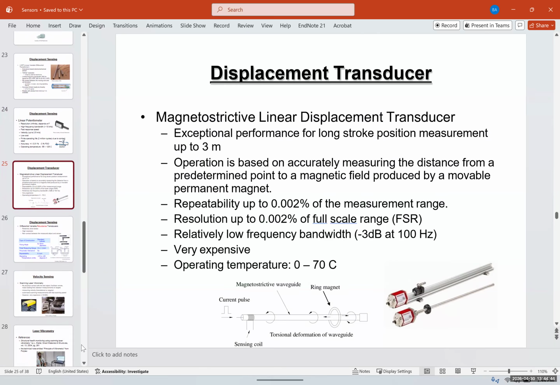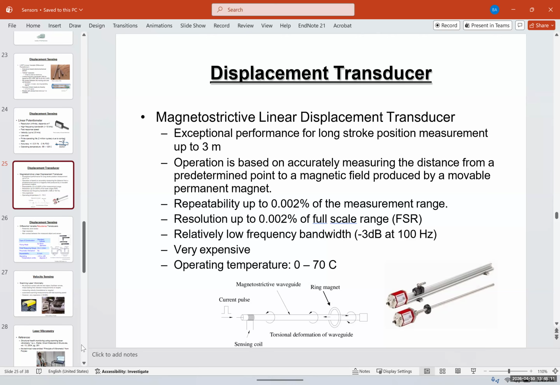Another type of displacement transducer is called the magnetostrictive linear displacement transducer. It has exceptional performance for long stroke position measurements up to 3 meters. The operation is based on accurately measuring the distance from a predetermined point to a magnetic field produced by a movable permanent magnet.